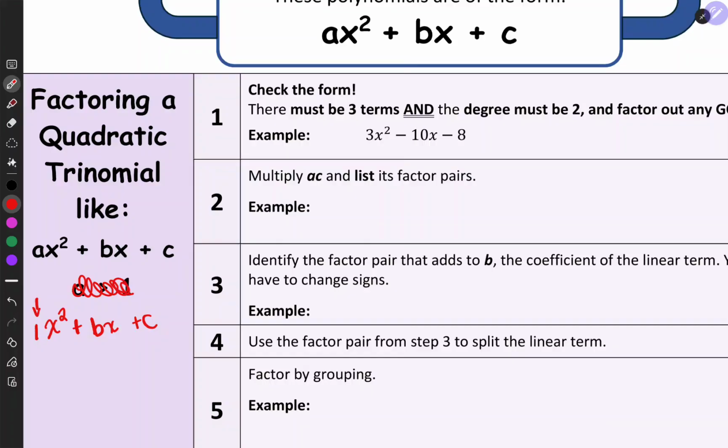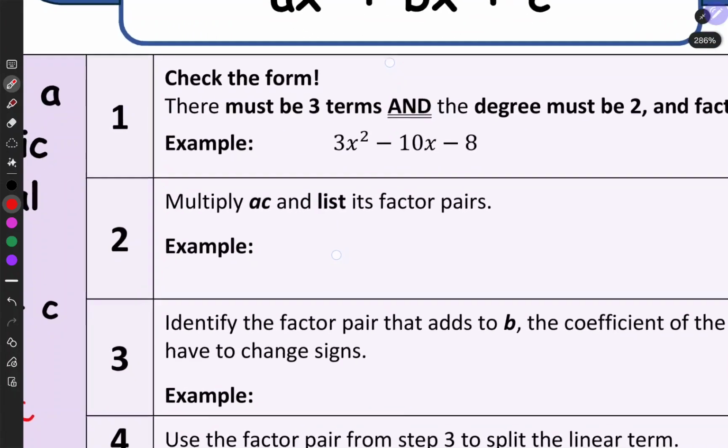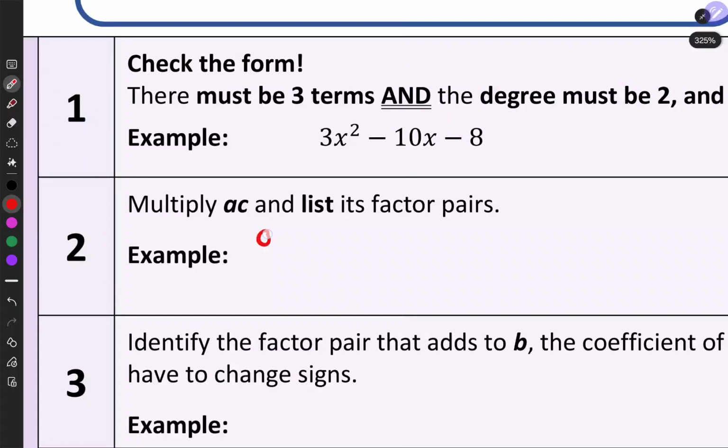So the first thing we're going to do is multiply a and c. Looking at our standard form quadratic here, a is 3 and c is -8. So ac is 3 times -8, which is -24.